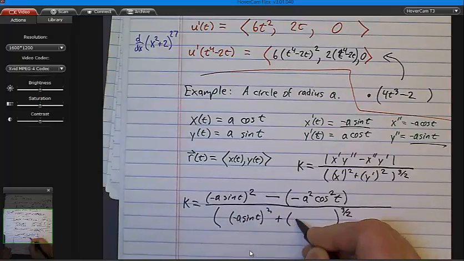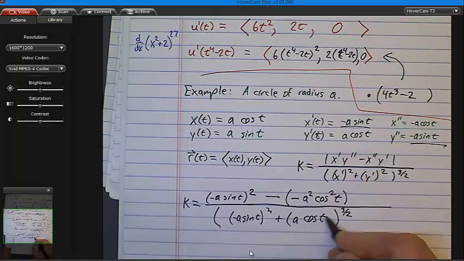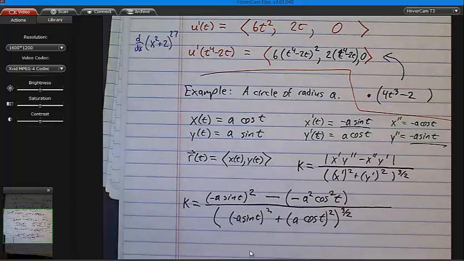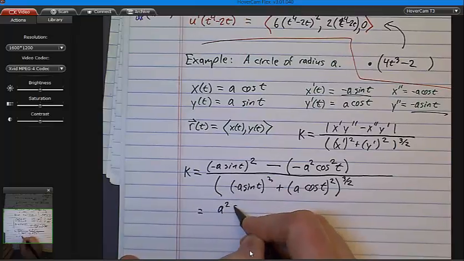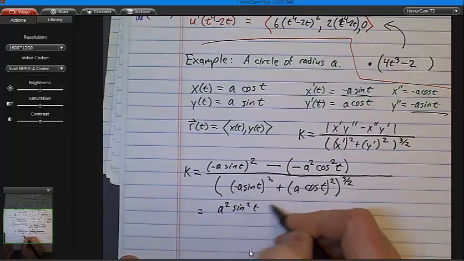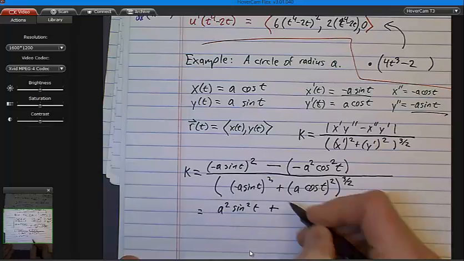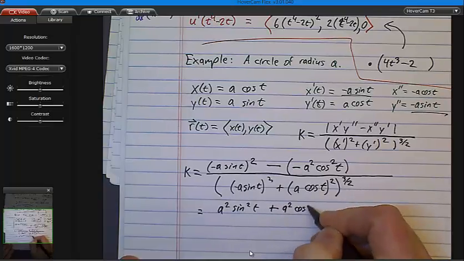And we're going to add what we get when we take a cosine t and square it. So, what do we get? Well, this negative a was being squared, so that's going to give me a squared sine squared t plus, because of the negative negative, a squared cosine squared t.